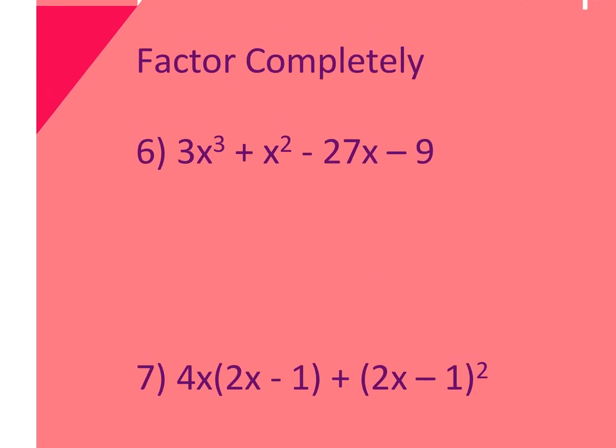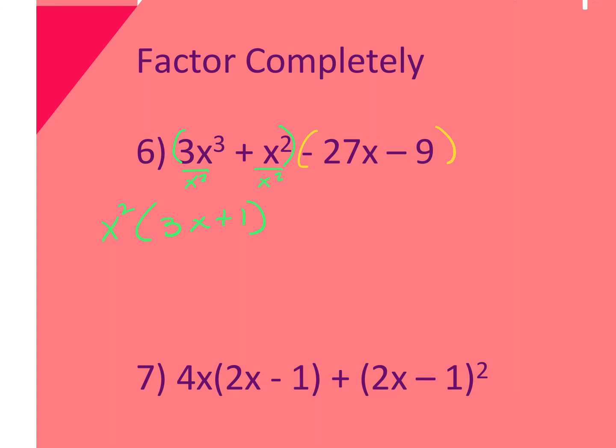So I'm going to make a green group and a yellow group. I'm looking for the greatest common factor of my green group, which is going to be x squared. I'm going to divide each of the terms by x squared, and what remains is going to be 3x plus 1. Then I'm going to look for my greatest common factor of my yellow group.